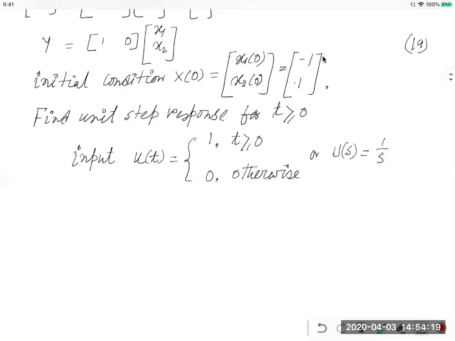So there are two different methods. Method 1 is the Laplace transformation approach.